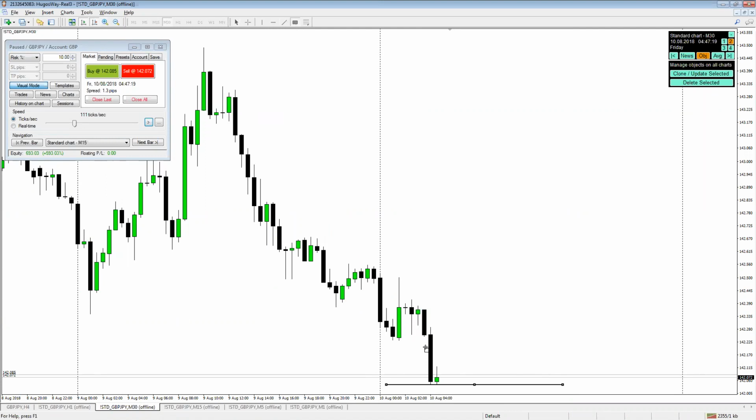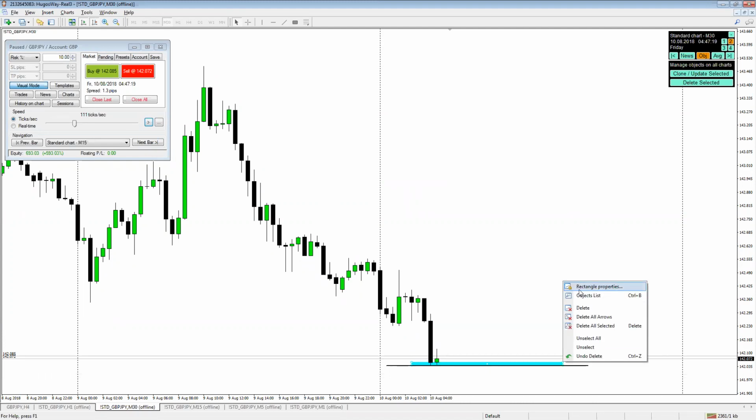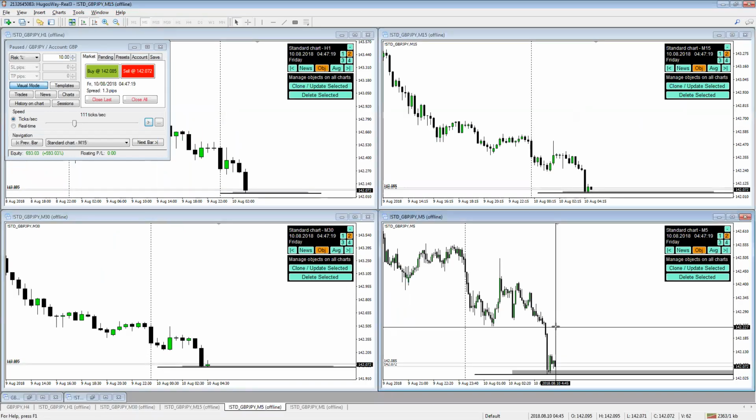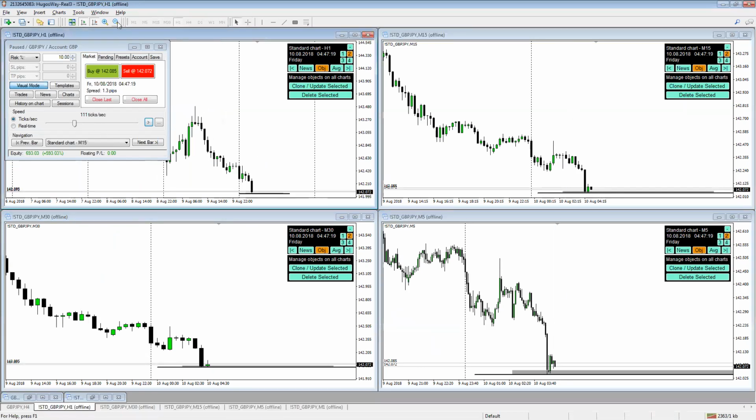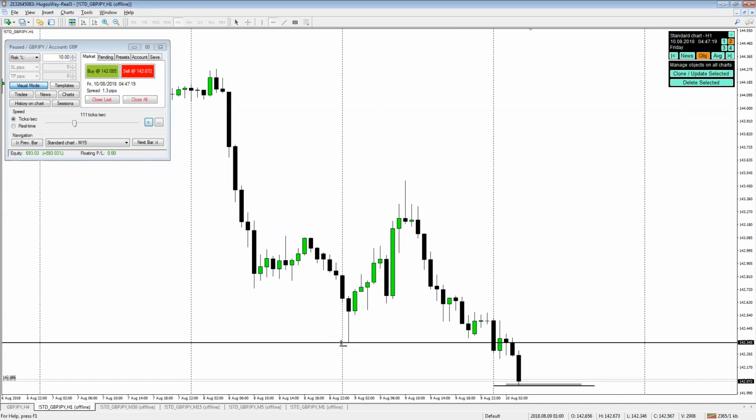Here's a low. It broke yesterday's low. And what does that mean?